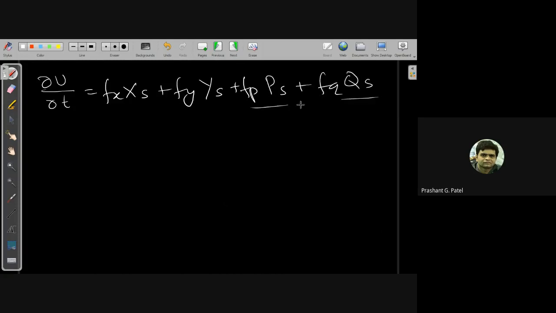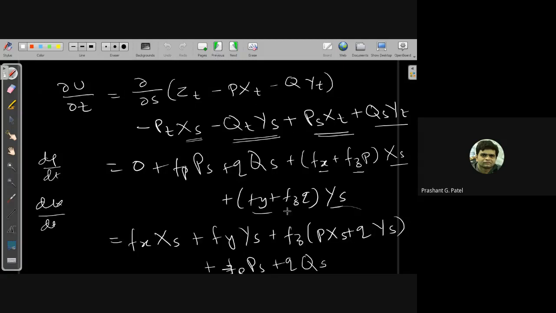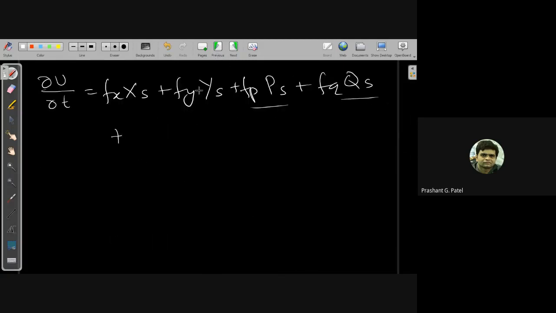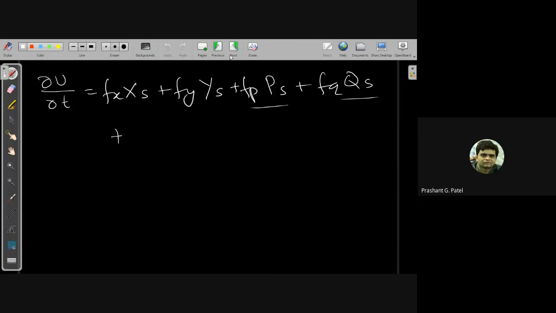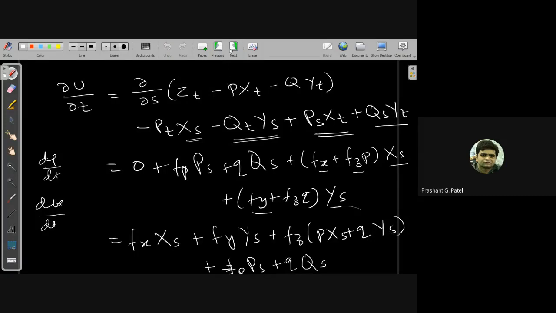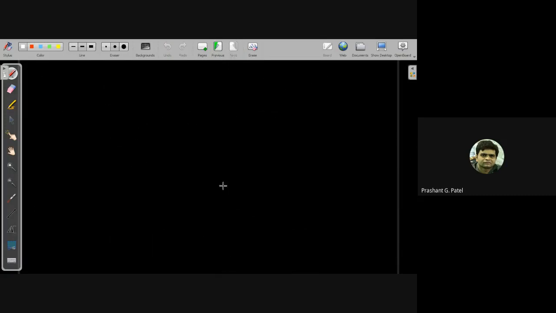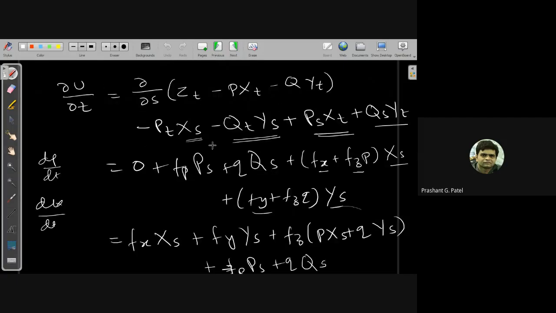So I have added these two terms, so those two terms will be subtracted here also, and all other terms will be there. Fp ps is already there. So I've just written this term, this term, this term, and this term.